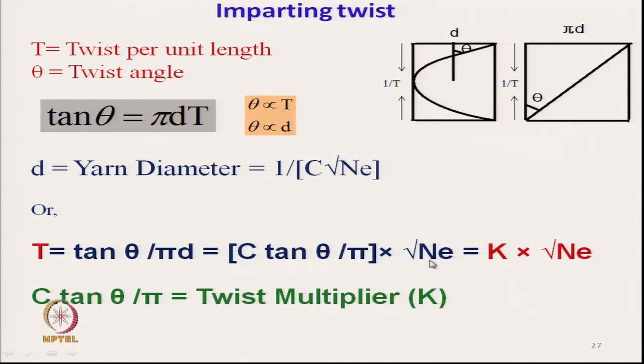Okay. So, effectively this is the total, c tan theta by pi, this is a constant. Okay. This constant is known as the twist multiplier. That means the twist multiplier k, c is a constant factor, pi is a constant factor, and the twist multiplier is proportional to tan theta.